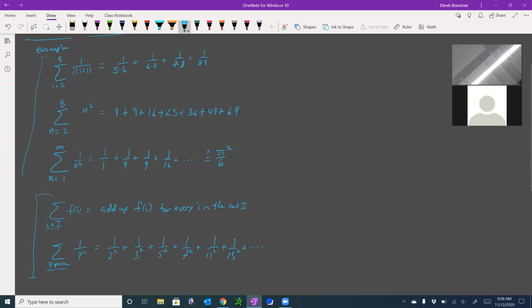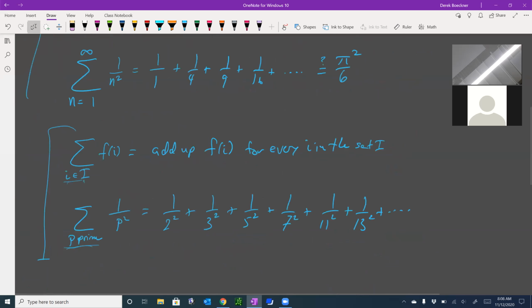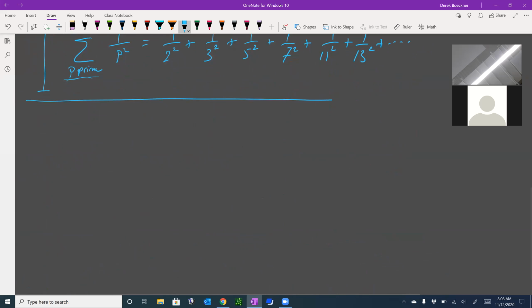Okay. There's a few algebraic things that you can do with these summations. So some summation rules. Okay.